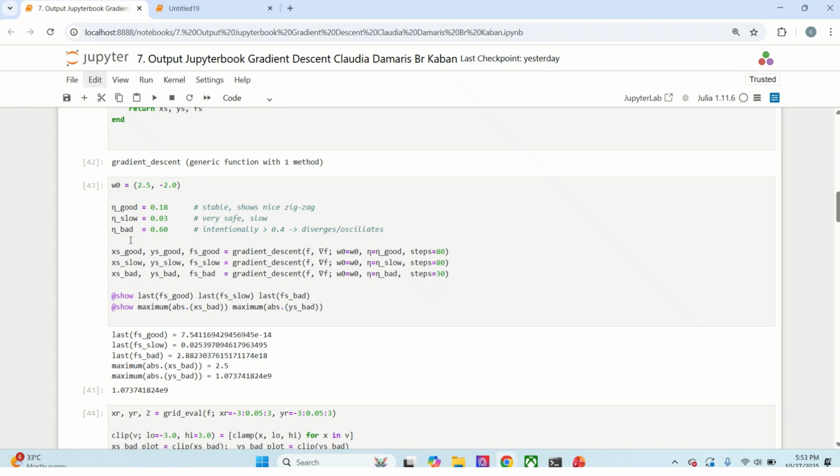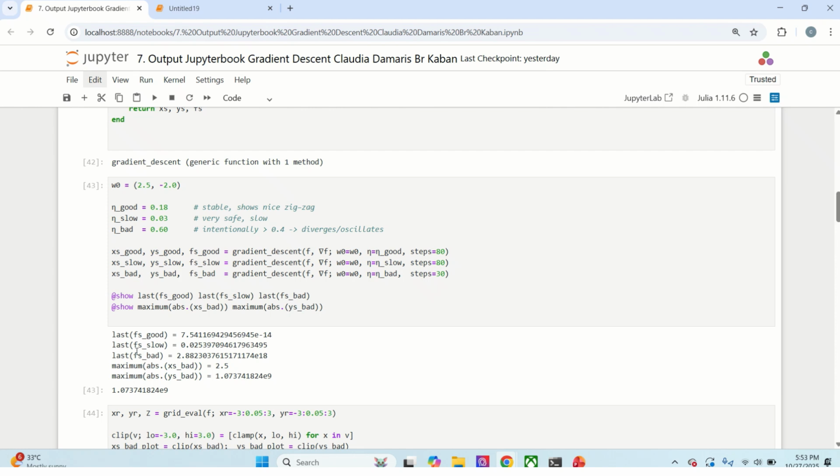And the third one is 0.60, which is bigger than the stable learning rate, and we will see that it diverges. So in the output, it shows that the final loss for the first learning rate is nearly 0.